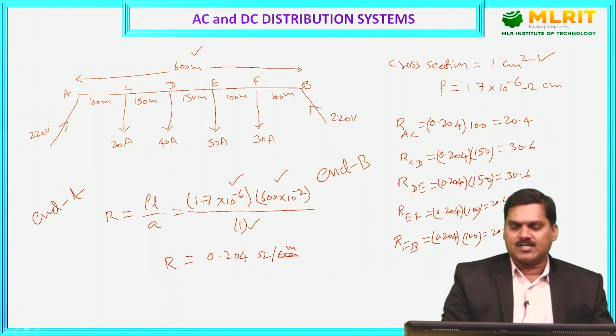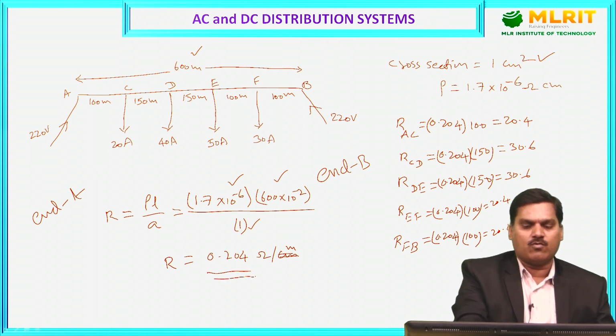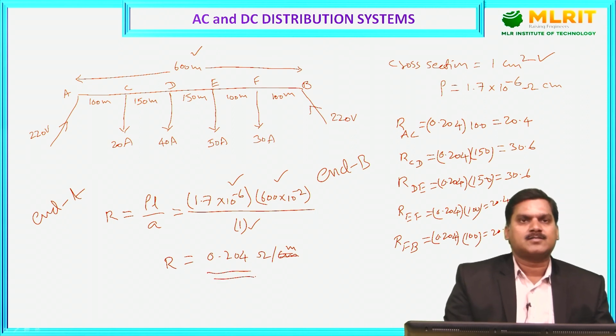These are the resistance values of each section. First we calculated the resistance of the distributor per meter as 0.204 ohm, and later we calculated the resistance of each section.